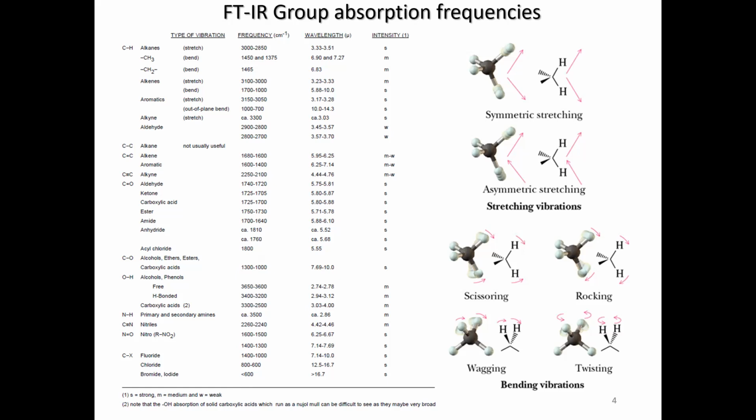But from the IR point of view, another big thing is carbonyls. Strong, intense peaks between 1680 and 1700, you can find all the carbonyls.